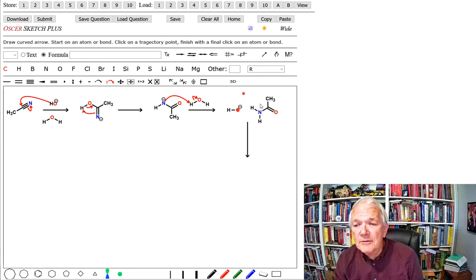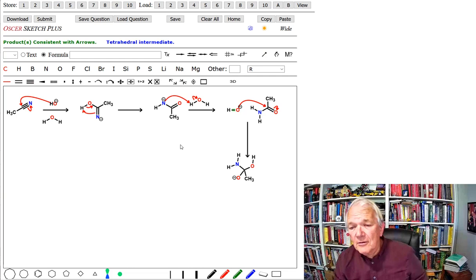The hydroxide comes and attacks the carbonyl. So look at the parallel between this original step and this one. Basically the same thing going on here. And this is a step that's a little bit tricky, because what we want to do, of course, is to restore the carbonyl and push out the amide, but that nitrogen doesn't really want to be around without a proton.